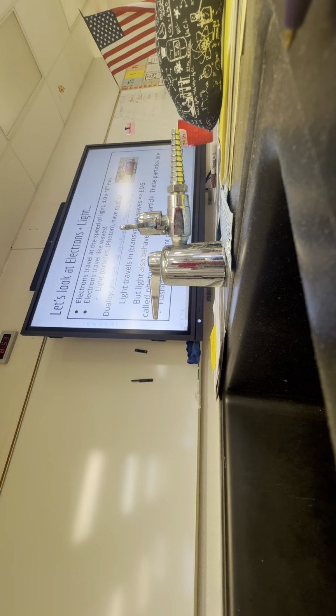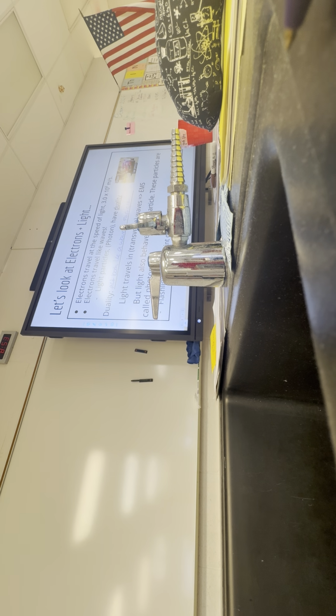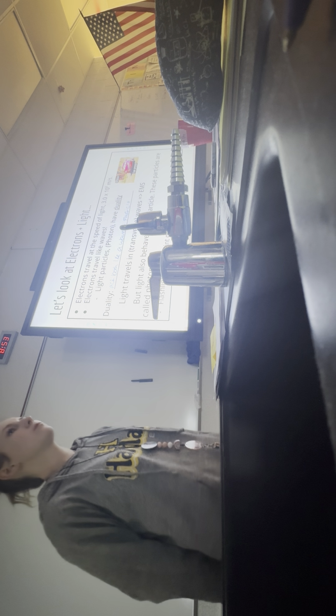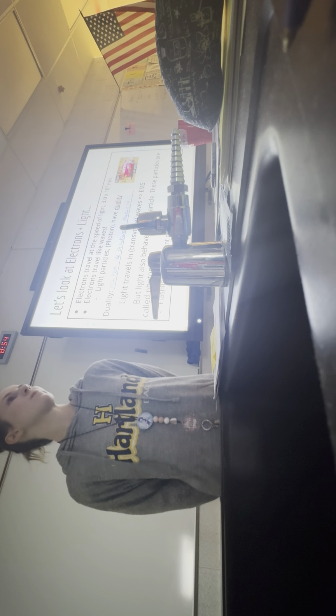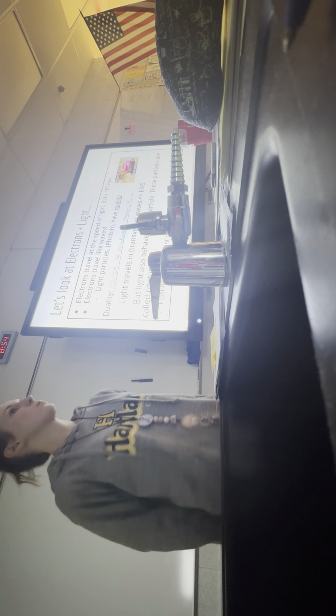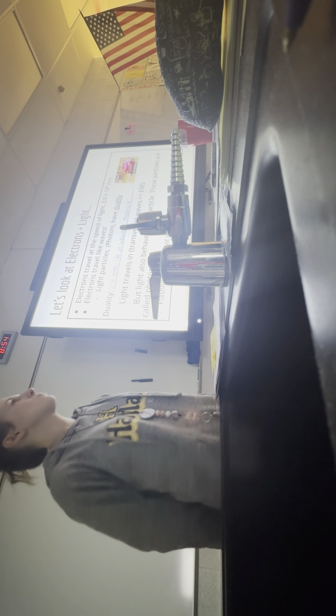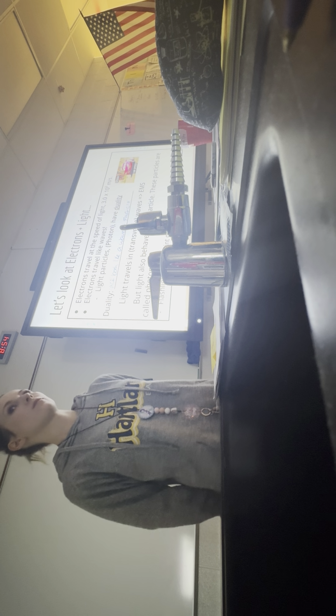So, we can all agree that light is a wave, yes? Okay. We can all agree that the paint in a spray paint can are particles, yes? This is where we're gonna connect the light to particles. So if I had a can of spray paint, which the school would be very sad at me if I did this, and I sprayed it really close to the table here, would I get a small circle or a big circle?